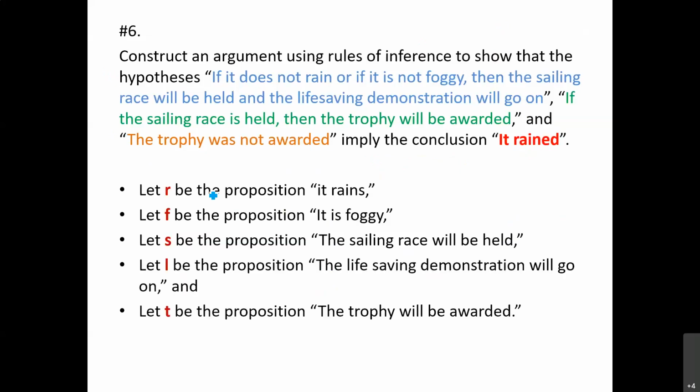You are given these propositions, these different sentences. In this exercise, step 1 is translating all of these sentences into actual premises that we're used to working with, like P implies R, not S and Q, all that stuff. You can pause here and try to do that.